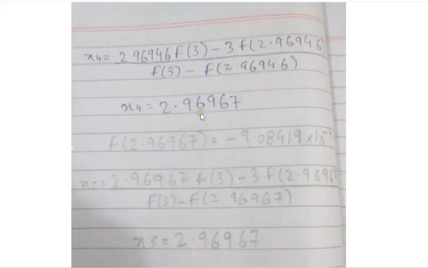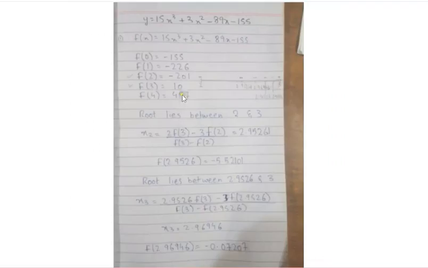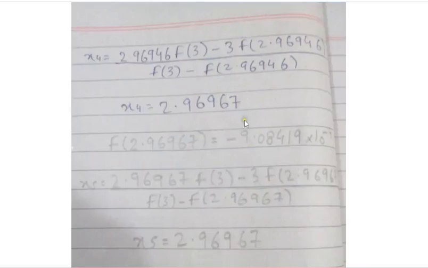But before making an iteration, I want to know whether by substituting this x4 into the real equation, 15x cubed plus 3x squared minus 89x minus 155, it is positive or negative. By substituting this into the real equation, I got minus 9.08419 into 10 to the power minus 4, which is again a negative.